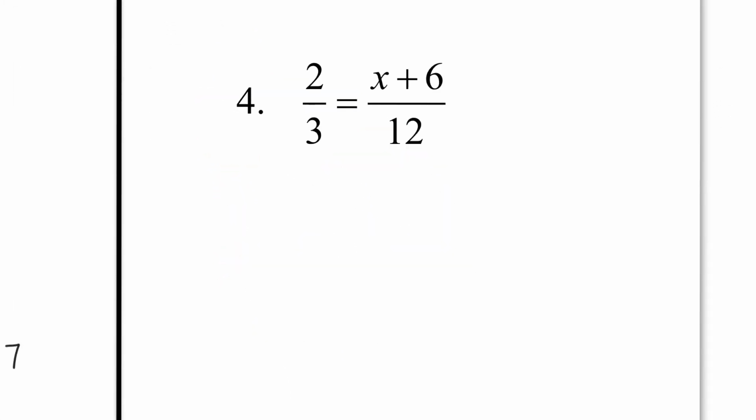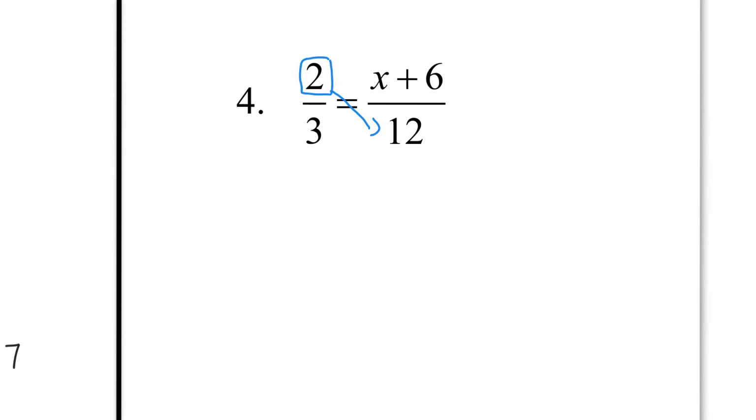So it doesn't matter where the variable is at in the proportion. Like notice this one, the x plus 6, the binomial is on the top of the second fraction. Doesn't matter, it can be anywhere. It can be on this side, on that side, on the bottom, or on the top. But the idea is just to cross multiply, and you solve for the variable. So I am going to multiply the numerator right here times the denominator, so the number across.